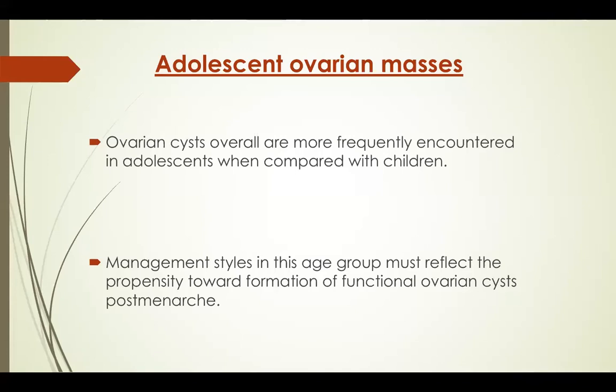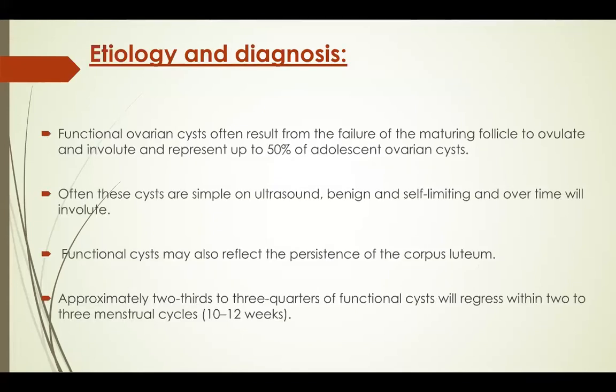Mainly in this age group, we deal with the complications of the cysts, even if they are physiological or functional. Functional ovarian cysts often result from failure of the follicle to mature and ovulate, and represent up to 50% of adolescent ovarian cysts.